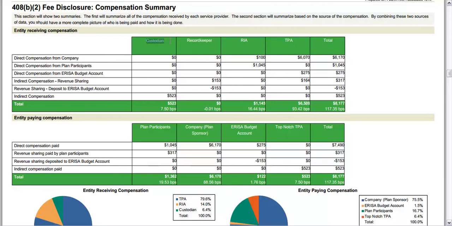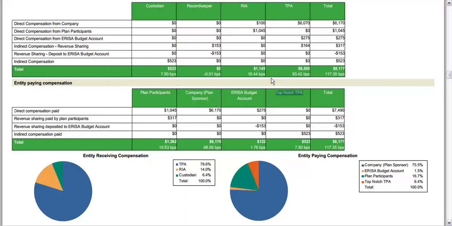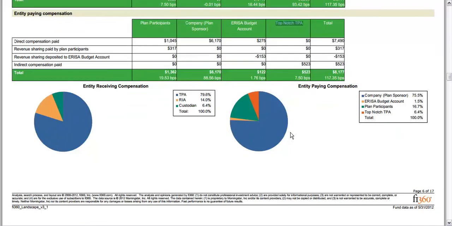So in this example, we have several entities receiving: the custodian, the record keeper, the RIA, and the TPA, and then the total amount that is being paid out, and then who is actually paying the compensation: the plan participants, the company or the plan sponsor, the ERISA budget account if it's paying out expenses, and then the Top Notch TPA, they're actually paying out fees because they're rev sharing some of that to another provider for services being paid.